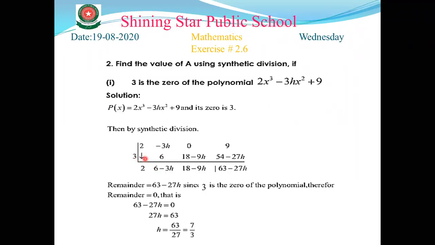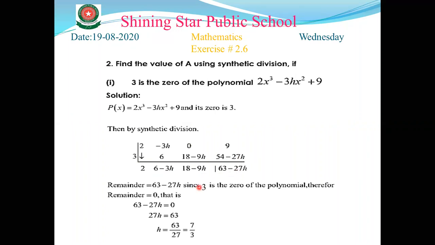Now multiply 3 with the next term. 18 minus 9h plus 0, still remaining 18 minus 9h. Now again multiply with 3, 54 minus 27h. Adding 9, it will give you 63 minus 27h. Okay, now the remainder is 63 minus 27h.